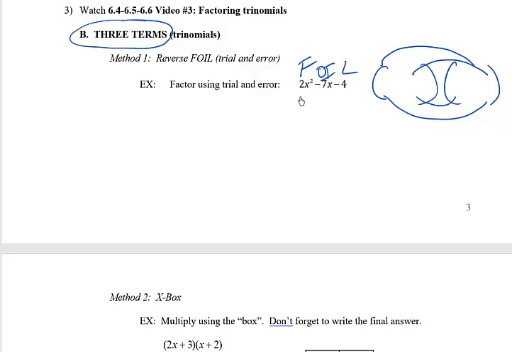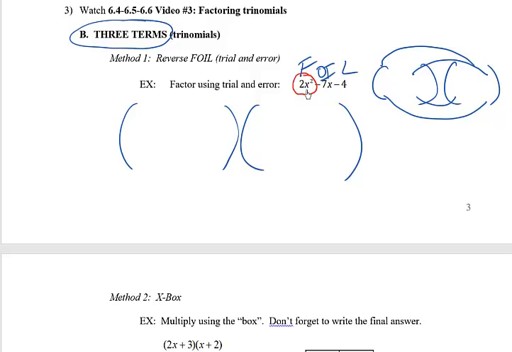And so if I want to factor this, I just need to try to reconstruct that original FOIL problem. All right, so I'm going to give myself an extra big set of double parentheses here. And the idea is I'm going to list out some possibilities and use some trial and error to figure out the original multiplication problem. Start with the F part of the problem, the 2x squared.